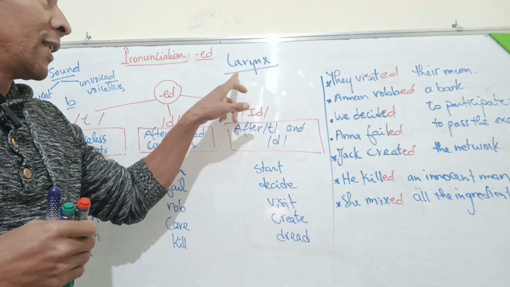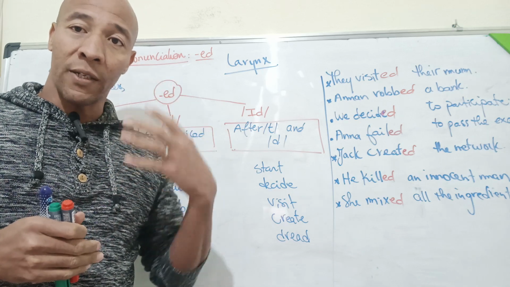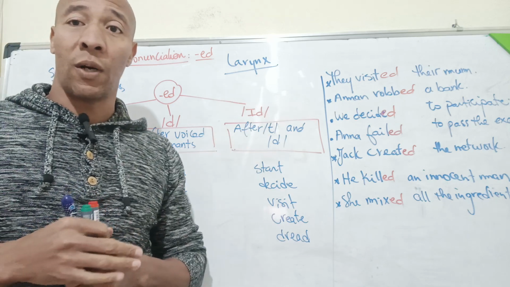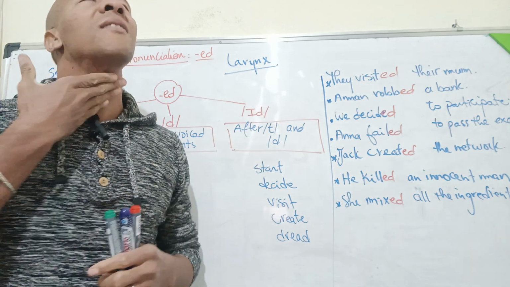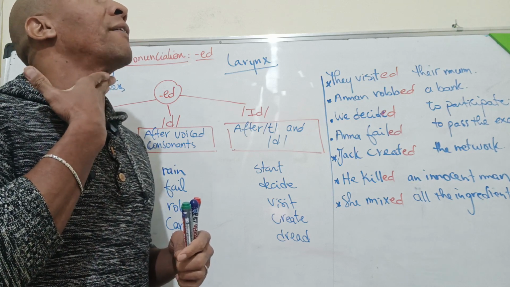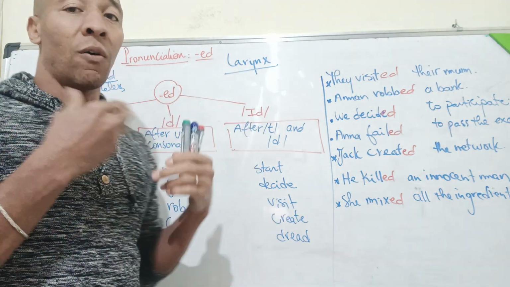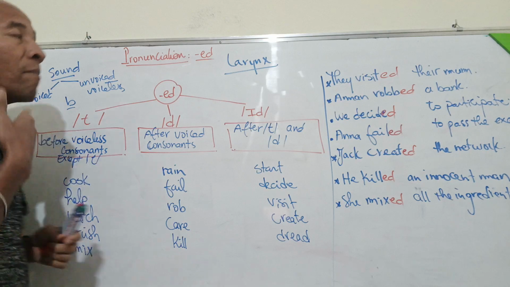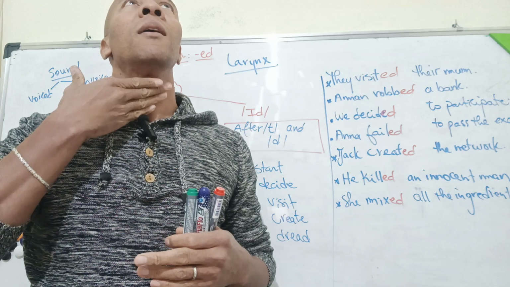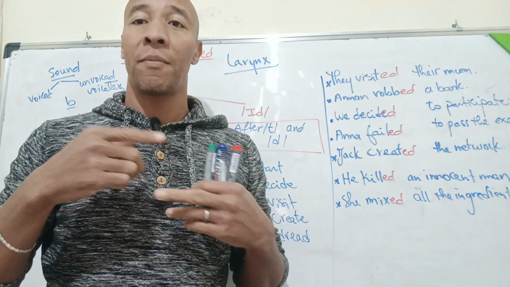You're going to use the larynx. One of the organs in our articulatory system is the larynx. So here you place your fingers against the larynx and then you pronounce the sound. If you pronounce, for example, b, b, b, can you do that? Then you could feel some kind of vibration.